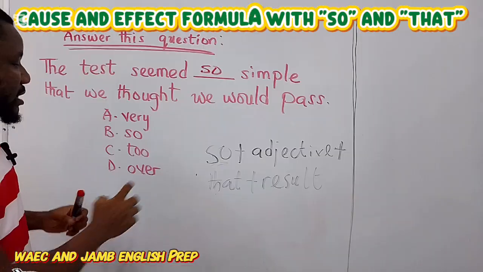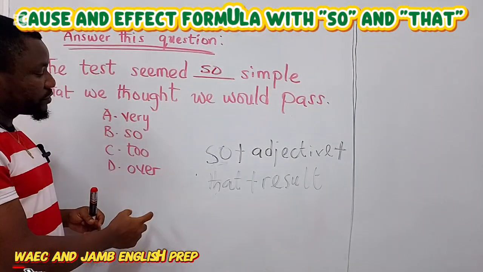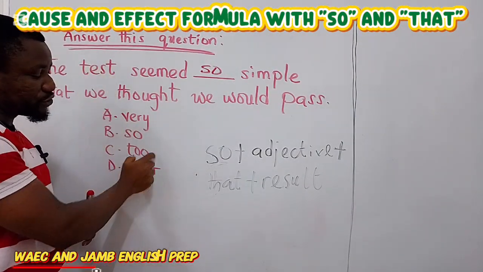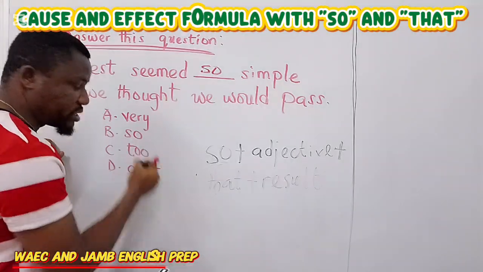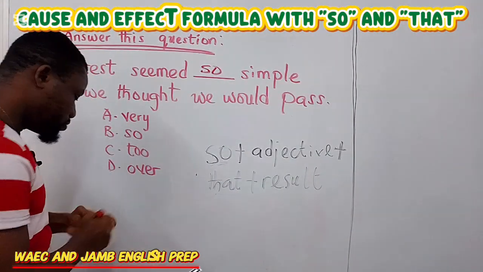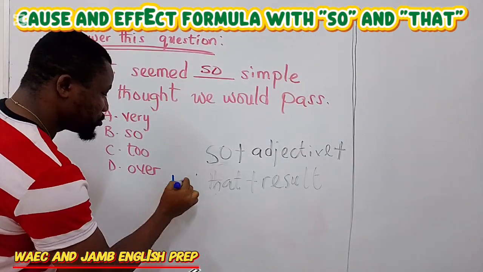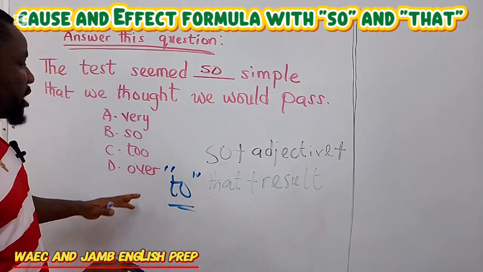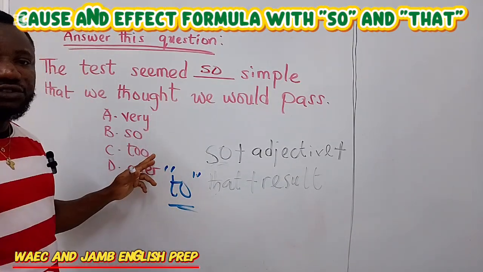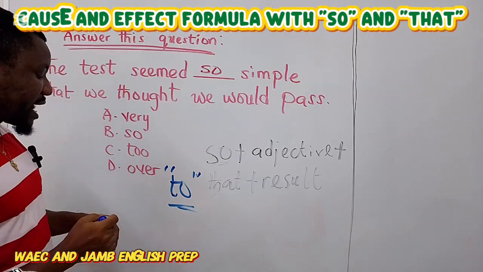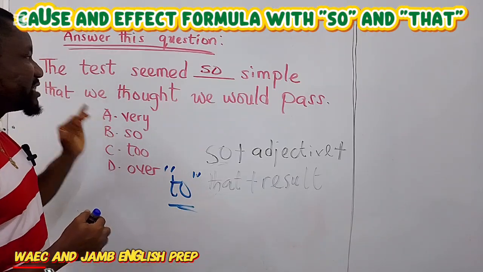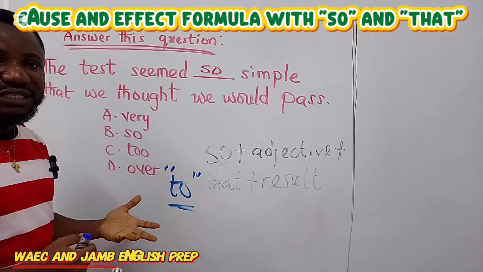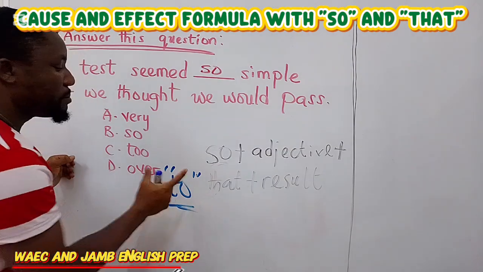As a matter of fact, the preposition that collocates with very and too is to. This preposition is what collocates with very and too. For example, we can have something like, this test is very simple to pass.